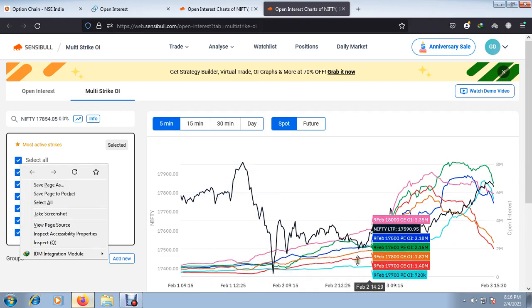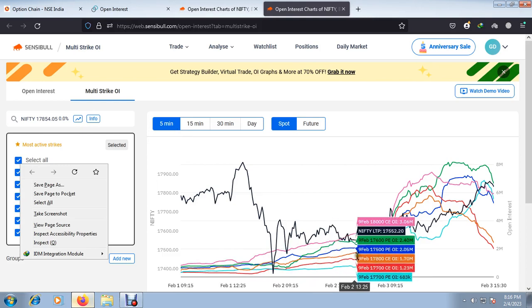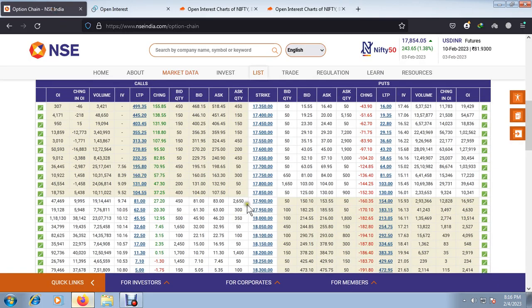Seeing this chart, you can find out that it is very easy to track the individual activity of each strike price. In the option chain, if you are seeing this value, that it is currently 17600 PE is 63,000, after 5 minutes if you look again, you won't remember what the value was 5 minutes back. If you are writing it down then it's okay, but it is very difficult to maintain a record here.